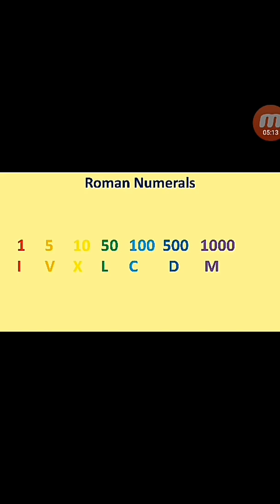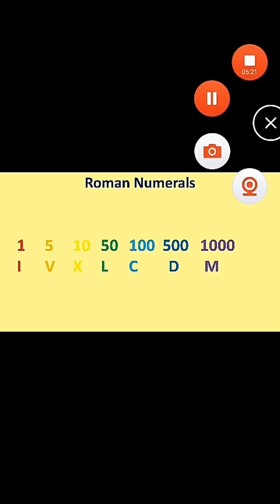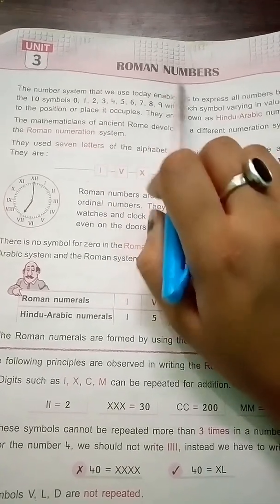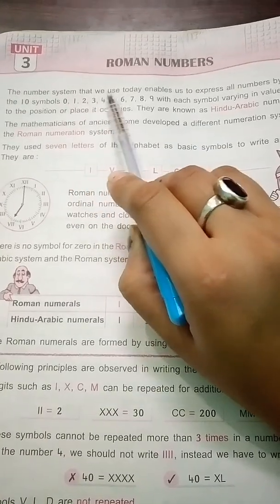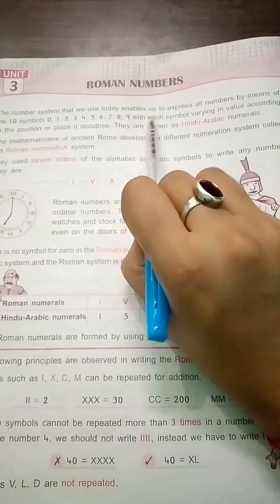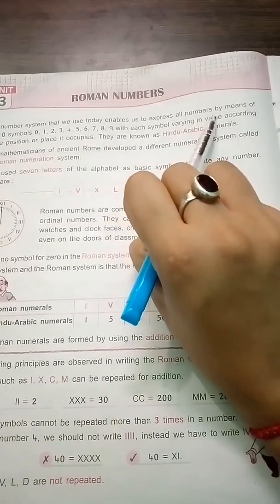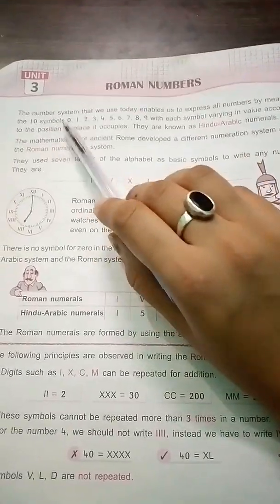Okay, so I think we should move further. I have told you the basics and the rules or principles before starting our chapter, Roman numbers. Let's move to your book. Unit 3, Roman numbers. The number system that we use today enables us to express all numbers by means of 10 symbols.